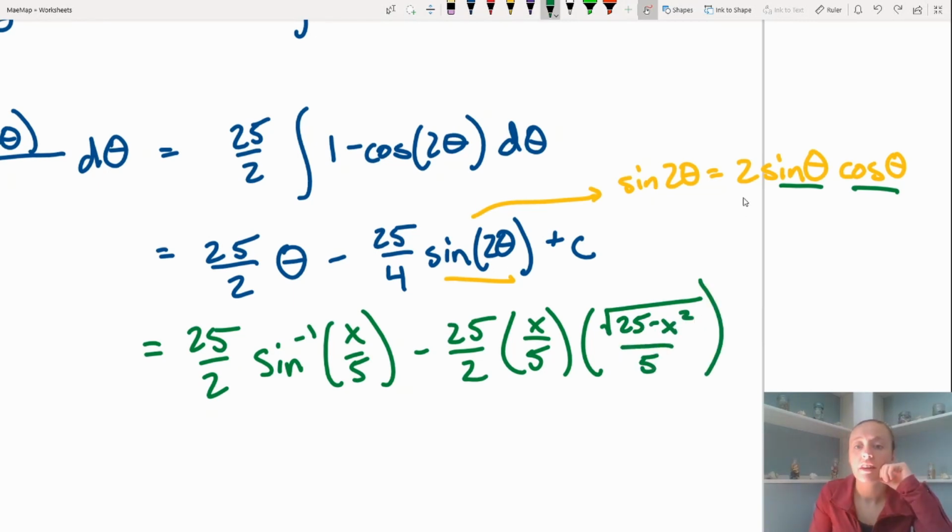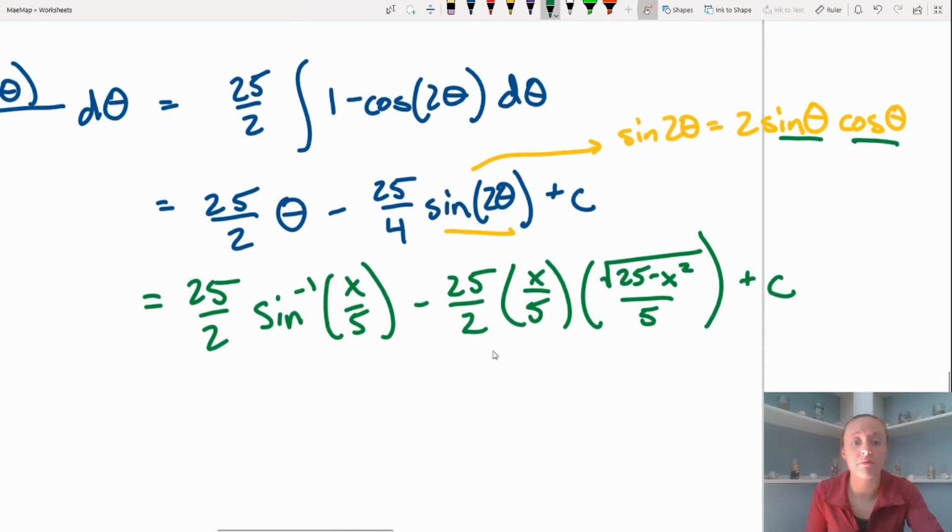Now you see that when I set 2 sine of theta cosine of theta and plug that in for sine of 2 theta, I got 25 over 2 times sine of theta, x over 5, times cosine of theta, square root of 25 minus x squared over 5. And I can't forget, I still have that plus c. So now we have everything back in terms of x. However, this isn't exactly simplified because if you notice, 5 times 5 in that denominator will give me 25, which will cancel out with the 25 in my numerator.